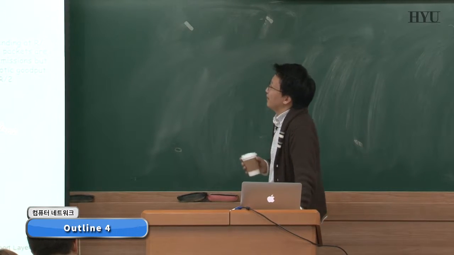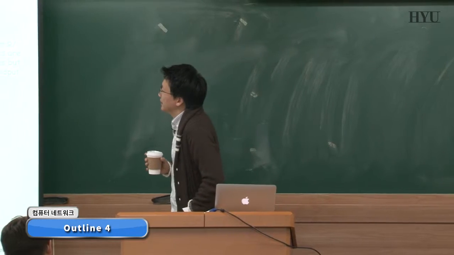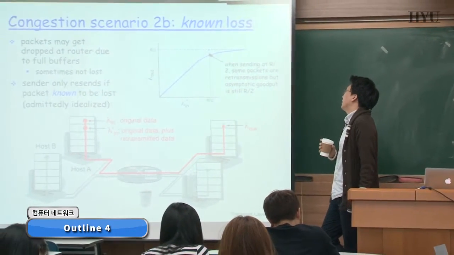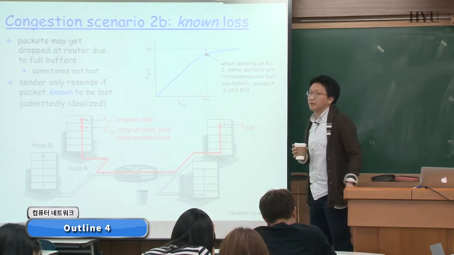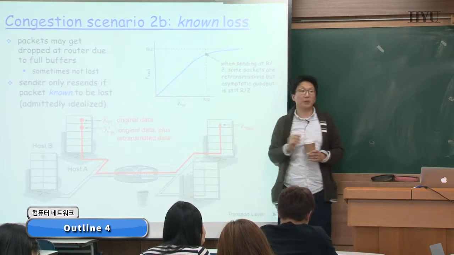So when the sending rate is half, some packets are retransmitted, but the asymptotic goodput is still R divided by 2. R is half of its capacity. Of course, it's the maximum ratio that I can get to.